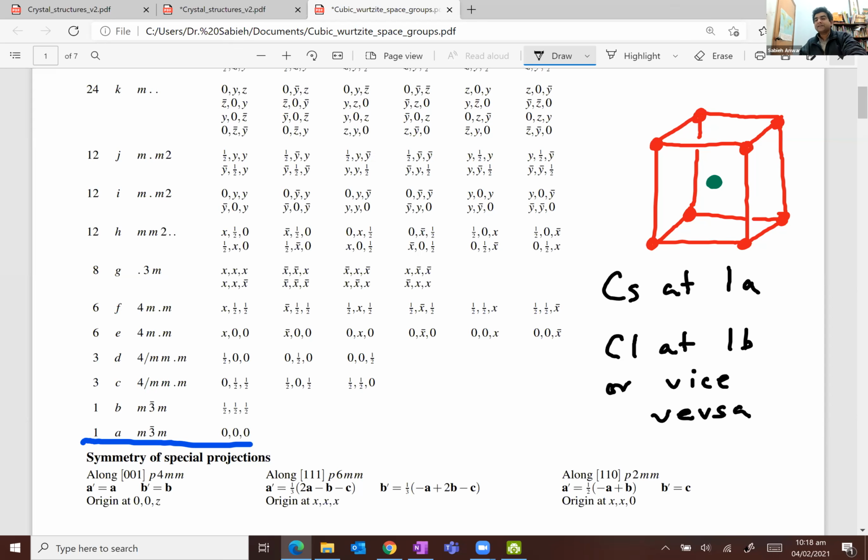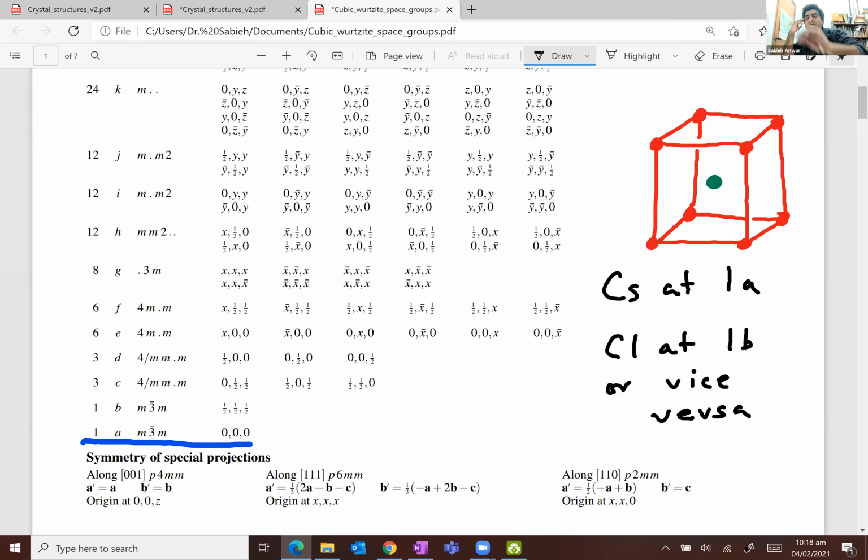But may I ask you, and you might like to raise your hands here, why is this not a body-centered Bravais lattice? Because there are different atoms in the body center and the corners. Exactly. If you talk about a body-centered lattice, you need to put the same motif on each point, whether the point is at the vertex or at the body center.